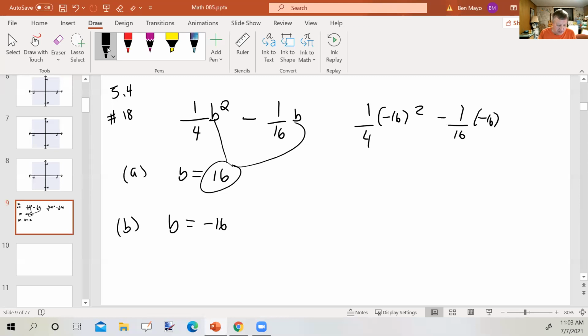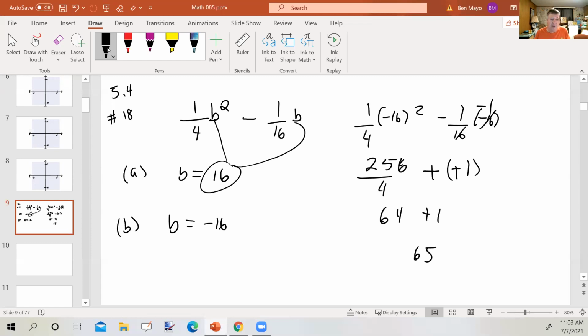Negative 16 times negative 16: negative times negative is still positive, so we get 256 divided by 4 minus negative 1, so plus 1. We end up with 256 divided by 4, which is 64, plus 1 is 65. Anyway, so that's for that one student.